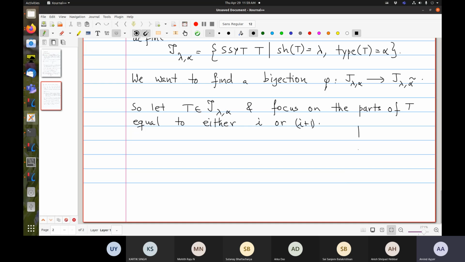So if lambda is like so, where can i and i plus 1 be? They can be in a row. It's weakly increasing, so you can have any number of i's followed by any number of i plus 1s. Or in a column, so there can be many more somewhere there, it doesn't matter. But in a column, you can have at most 2 of such entries.